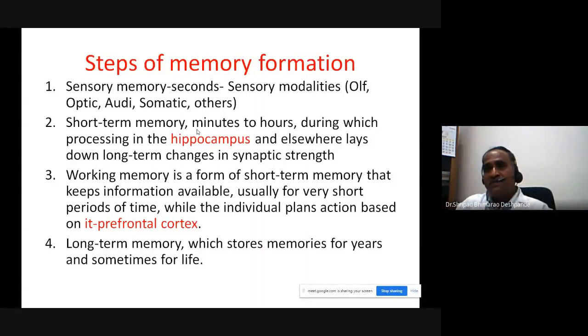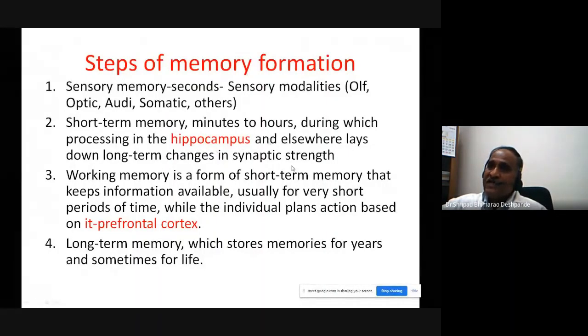As we watch TV, sometimes some of the news items we watch and forget, we don't care, we are not interested. Some of the news items we try to remember. So the short-term memory is there for minutes, and then according to relevance, the hippocampus decides whether we want to take it or not.